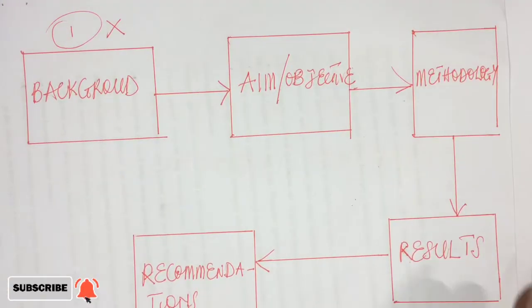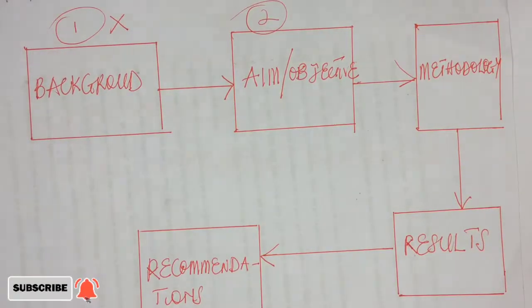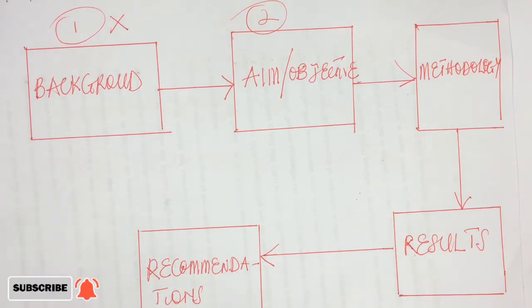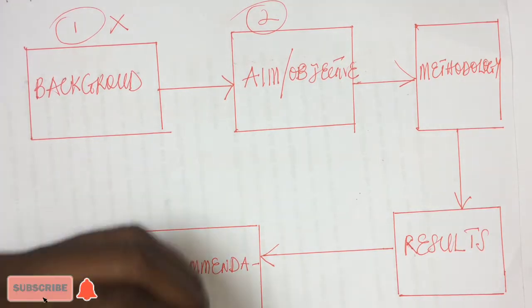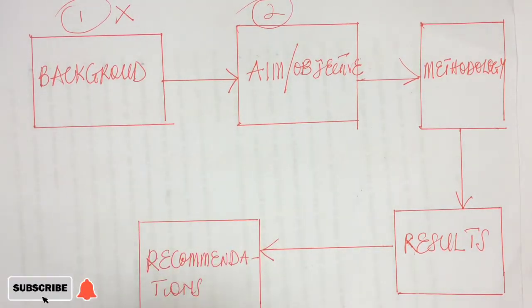Number 2, what else should be found in your abstract? The aim or objective of that work. Why are these key items important? Your abstract is a summary of your work that shows anybody at a glance what the background of the study was, the aim and objective of the study was, the methodology that was used to implement the study, the recommendations that were made after the results.